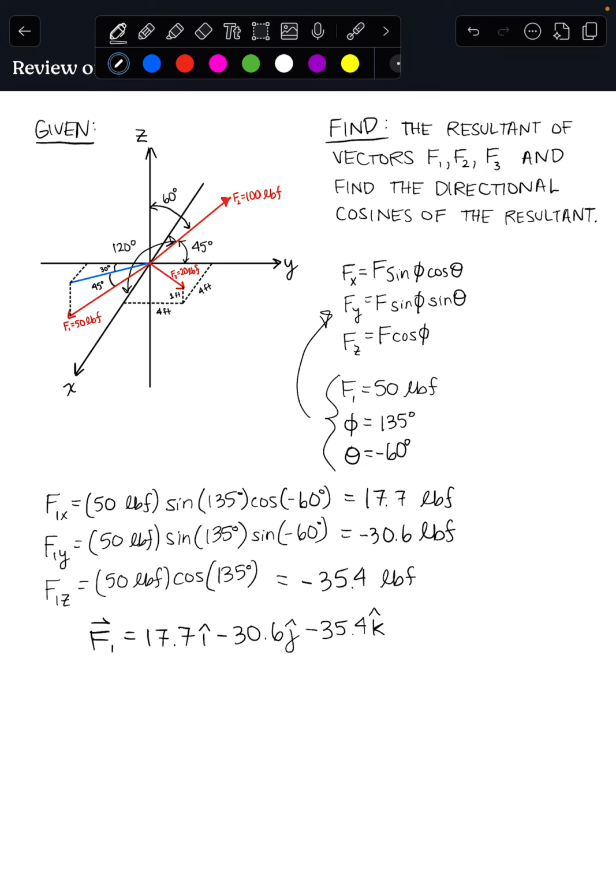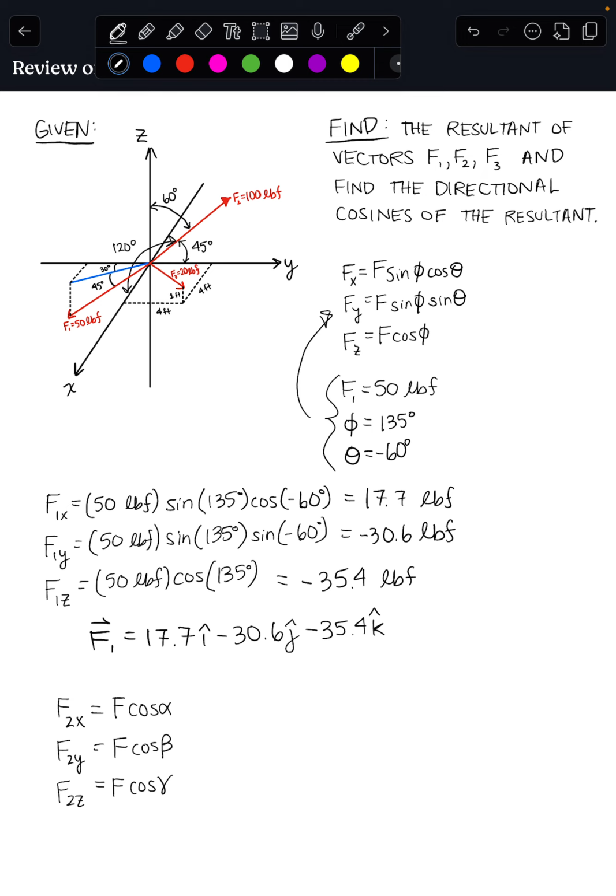Our equations for the coordinate direction angles are that the x component, F2x, is going to be equal to F times the cosine of alpha. F2y is equal to F times the cosine of beta, and F2z is equal to F times the cosine of gamma.